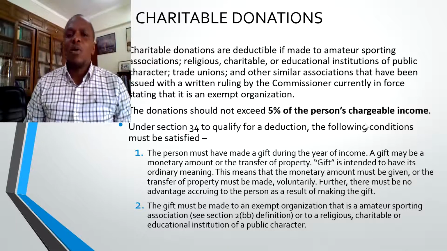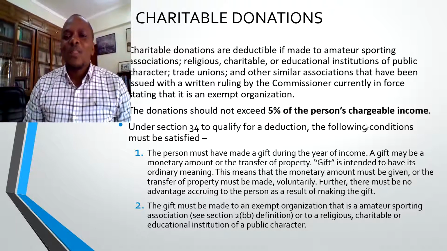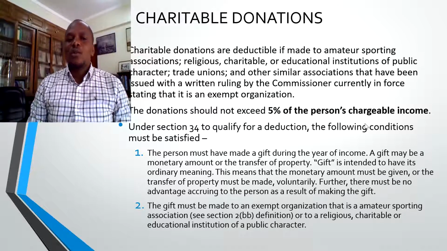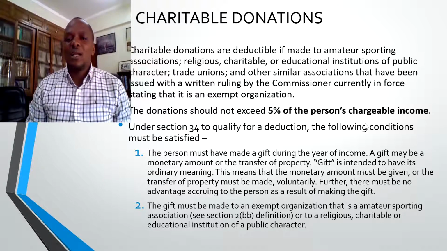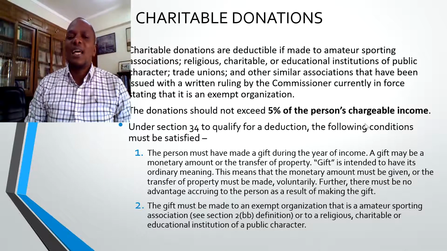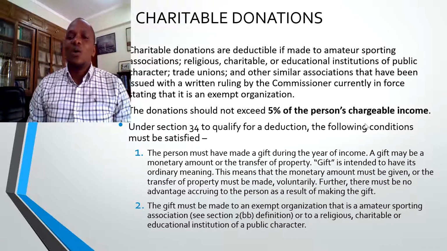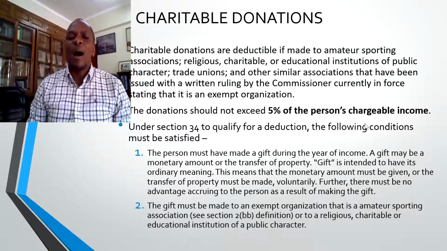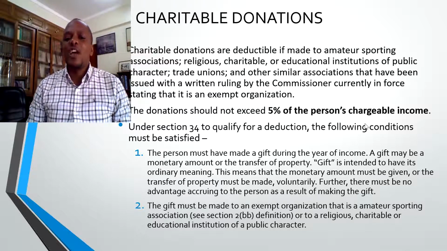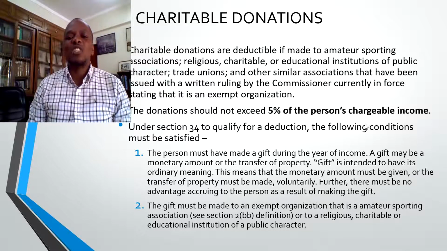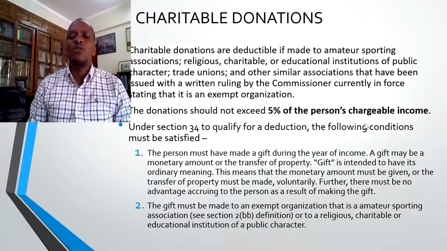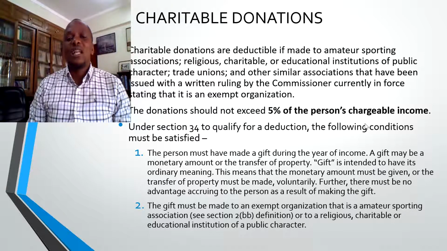So charitable donations are deductible if they are made to the following organizations. One, they talk about amateur sporting organizations, religious organizations, organizations that are characterized as charities, or educational institutions of a public character. It can be a trade union or other similar associations that have been issued with a written ruling by the Commissioner General currently in force, stating that it is an exempt organization.